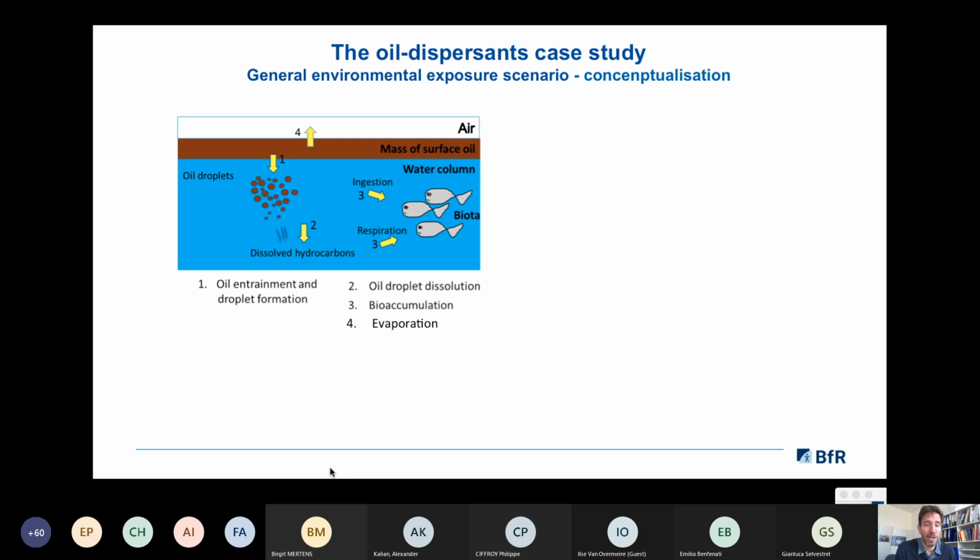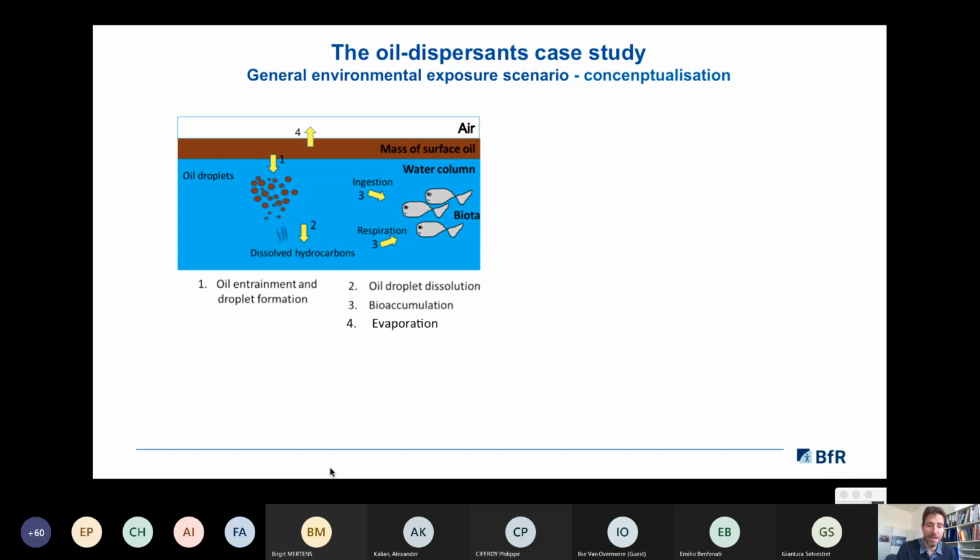And for the project, we used these elements of the model, but we had to develop new ones because oil and oil dispersion was not yet included in the model.